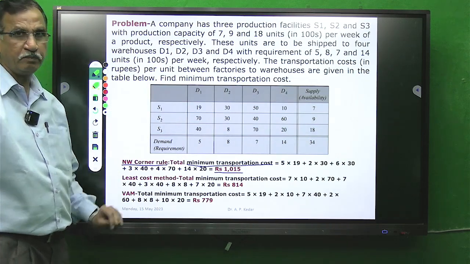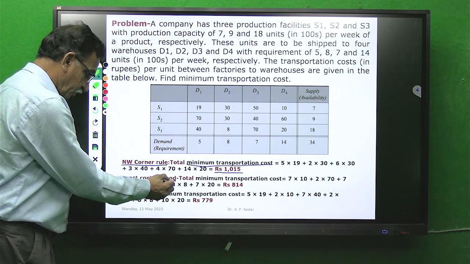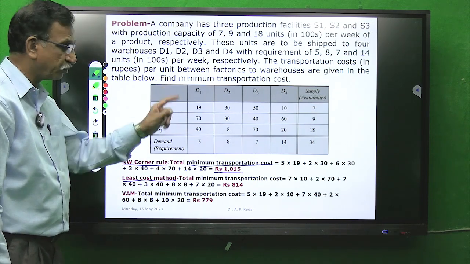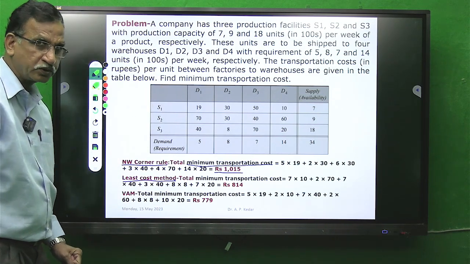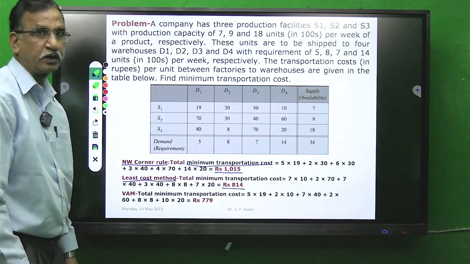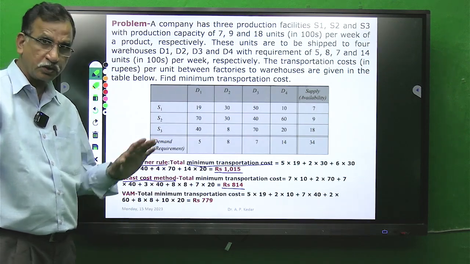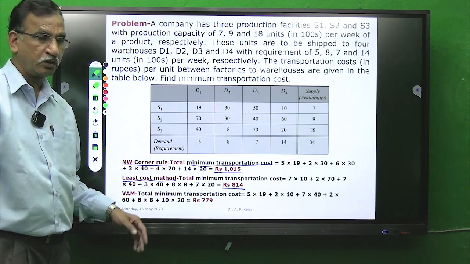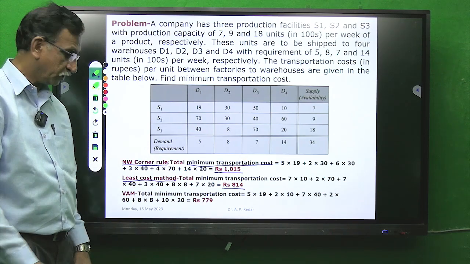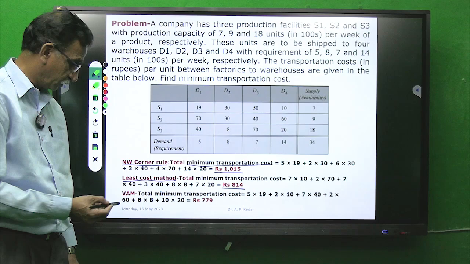For the same problem, when we adopt least cost method for finding initial solution, we got the answer as rupees 814. We have seen the steps involved. Just go through the last lecture if you are not remembering it.